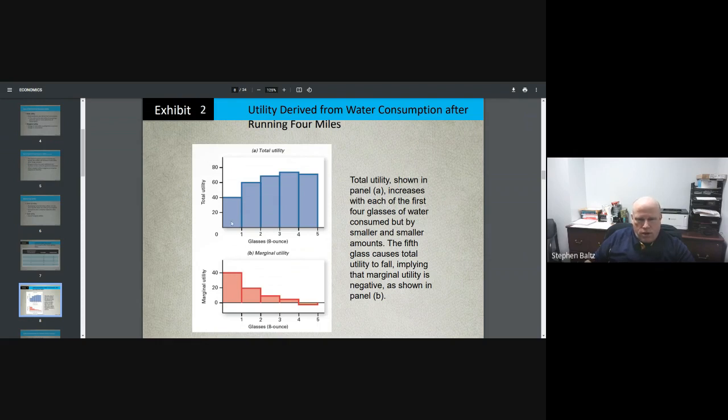All right, now, with each additional unit of consumption here of water, each additional glass of water, what you need to look at is what's happening to total utility with that first glass and second glass and so forth, and then the corresponding change in marginal utility. You'll notice that marginal utility declines from the very beginning because of the law of diminishing marginal utility.